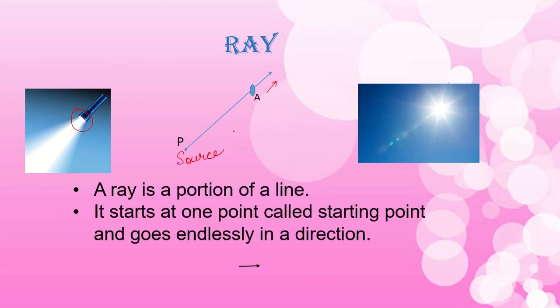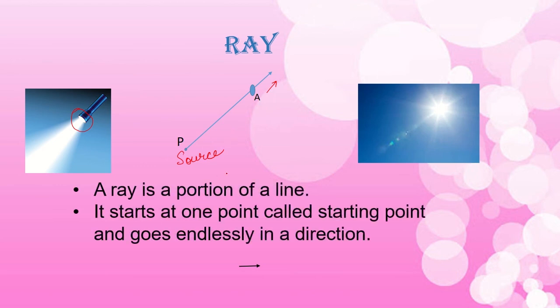So what is a ray? A ray is like this, as you can see in the figure. Here I have the source, and from the source this kind of ray is coming, and I don't know the other point. Suppose the source is P and the other point is A. You can see here A is moving, means A is not fixed, but P is fixed. So how will you define a ray?